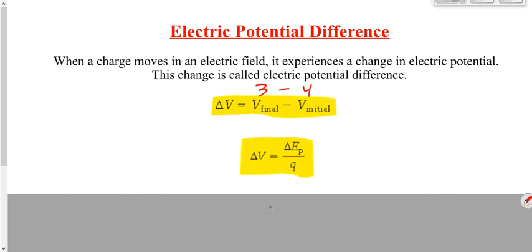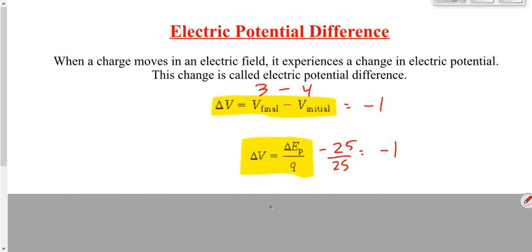Or you could look at it a little bit differently and say that the change in energy that we experienced as a class was 25, but there were 25 of us, so the change in potential, or the potential difference, was -1. So whether you subtract the initial potential from the final potential, or you divide the change in potential energy by the charge, you get the same answer, -1 in this case.